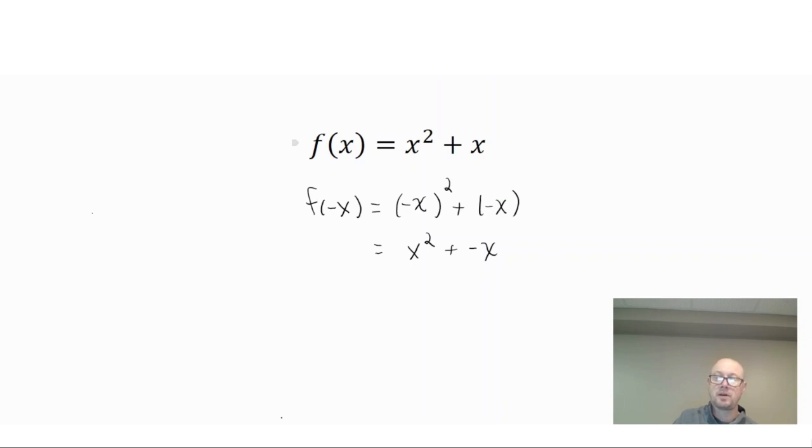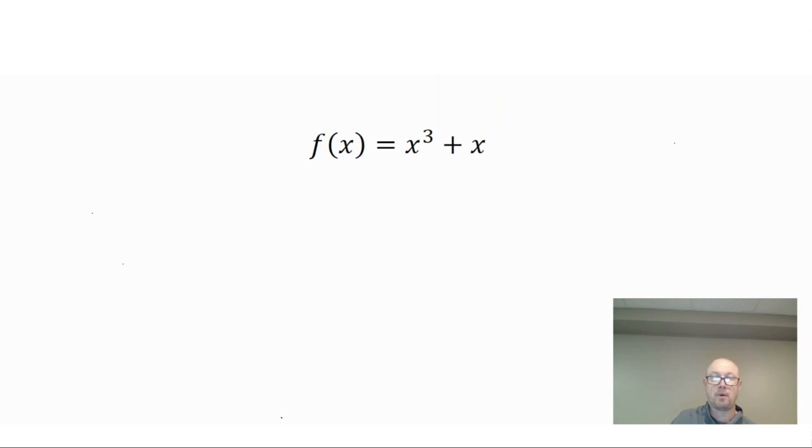But then my original function had positive x, but my new function has negative x. So part of it stayed the same, but part of it went to the opposite. So in this case, this is neither, so we can't determine symmetry from using this type of test. Okay? All right, let's try another example.